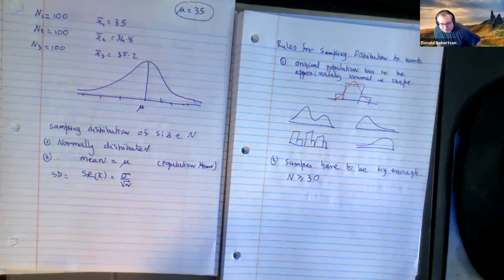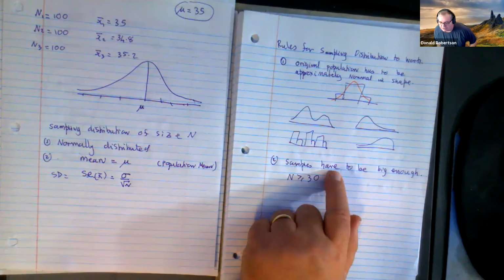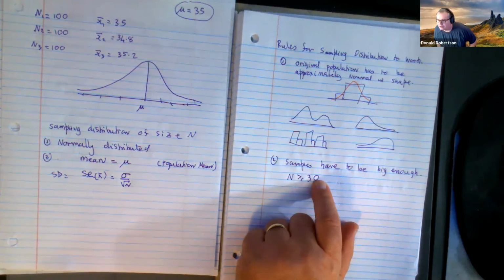So why is that a problem? This textbook and these WebAssign questions don't always follow that rule. So it's only going to be a question that they ask you specifically, you know, is this sample big enough? In which case, if it's bigger than or equal to 30, you're going to say yes.